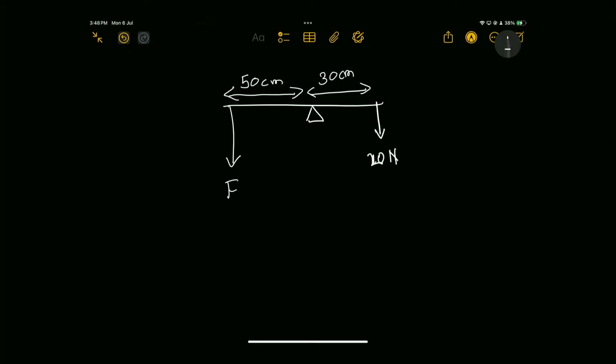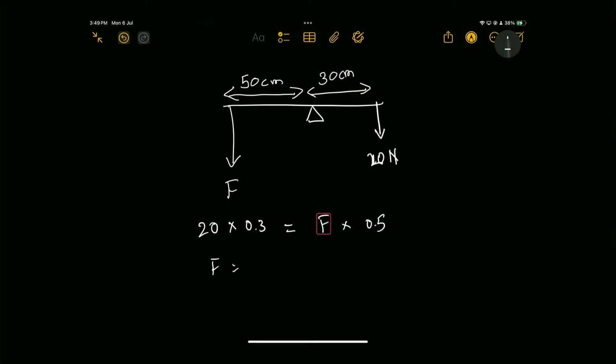So for the principle of moments, the sum of the clockwise moments is equal to the sum of the anti-clockwise moments. The clockwise moment is due to the 20 newton force. So we'd have 20 times 0.3, because we need to convert centimeters to meters, equal to F times 0.5.